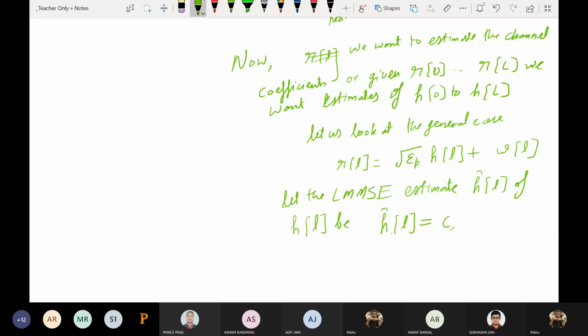What I'm doing is multiplying this RL with some CL that will give me an estimate of HL. Make sense? Because RL is all the information that I have about HL.